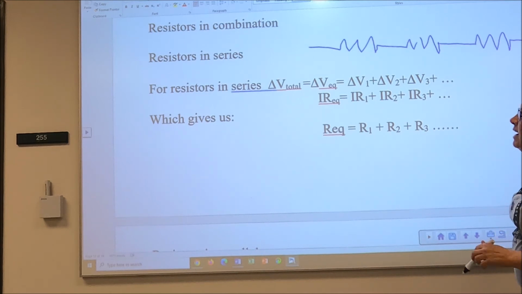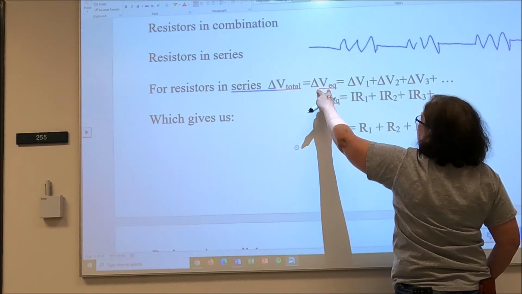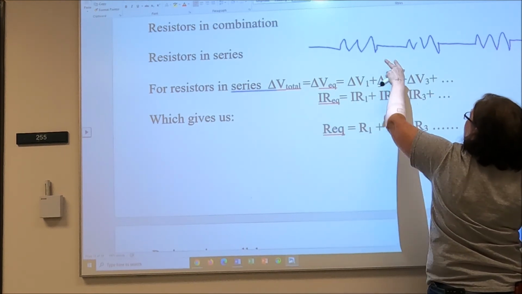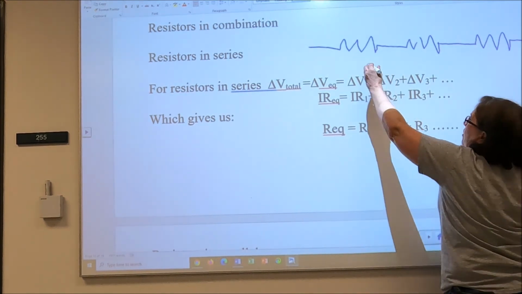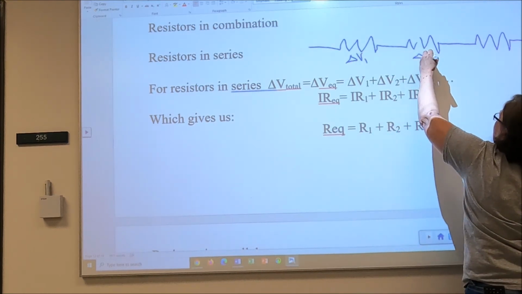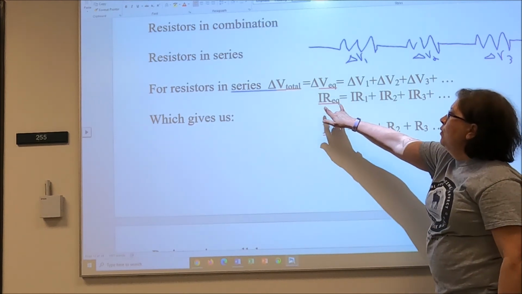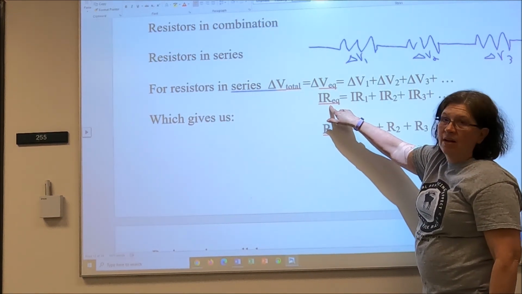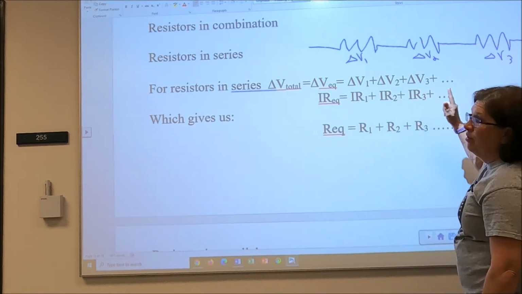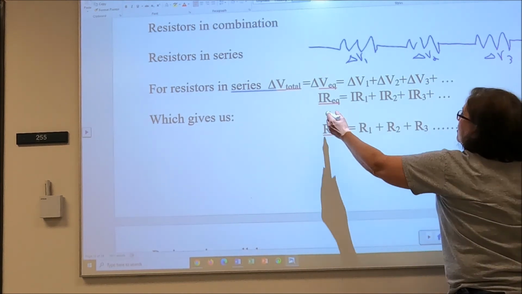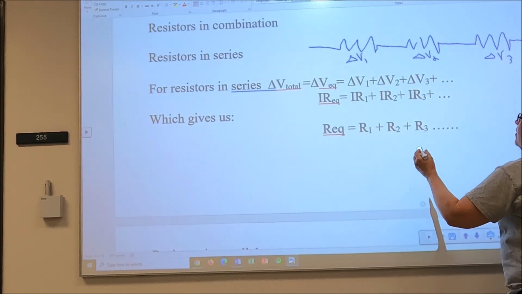Now, in series, the total voltage drop, the change in voltage equivalent, is the sum of the voltage drops over the resistors. So this would be delta V1, delta V2, delta V3. So the equivalent voltage drop is IR equivalent, which is IR1 plus IR2 plus IR3. Since they all have the same current, we get R equivalent is just the sum of the resistors.